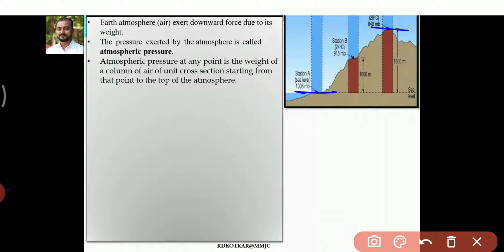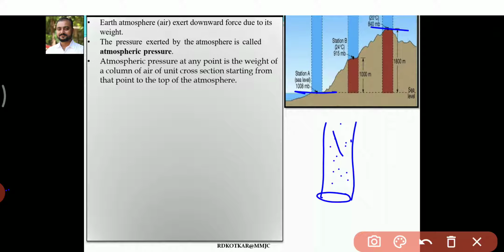The reason is this. If we consider these vertical lines, in this particular cylinder, it consists of air particles. As we know, the LPG cylinder in our home has a certain weight when it is filled, and less weight when it is empty. Which means the gas present inside that cylinder has a certain weight.